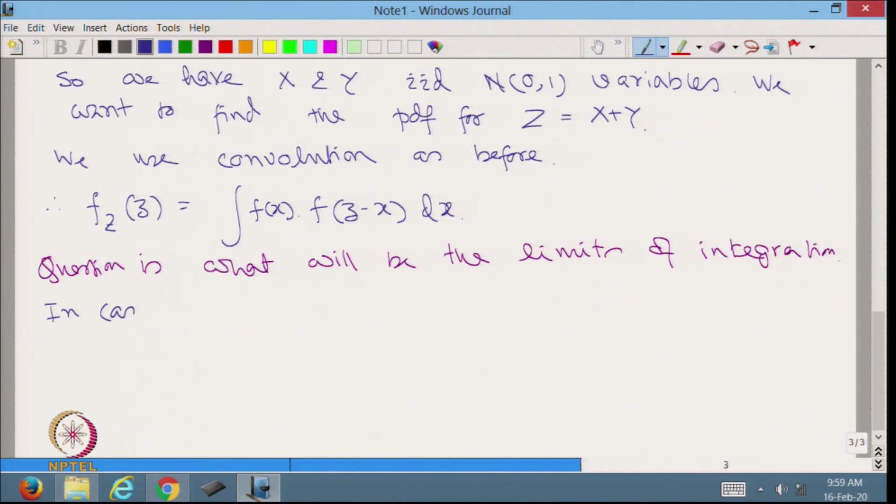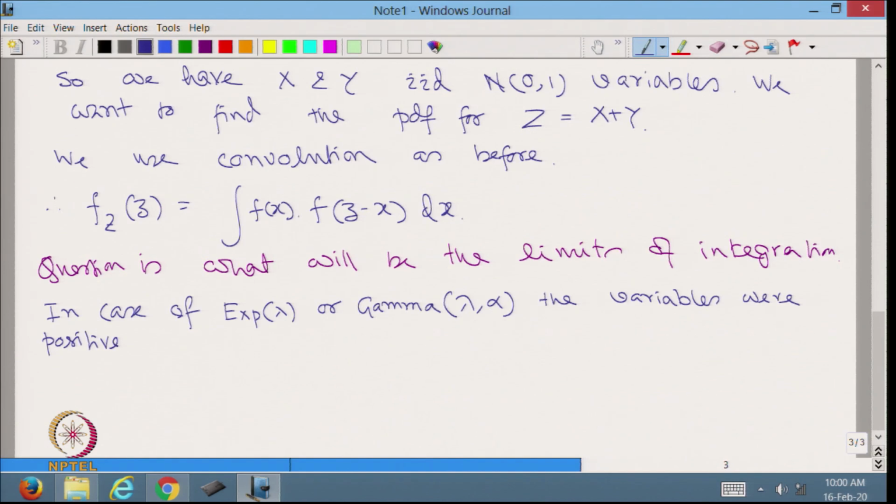In case of exponential lambda or gamma lambda alpha, the variables were positive, therefore we could integrate x from 0 to z.